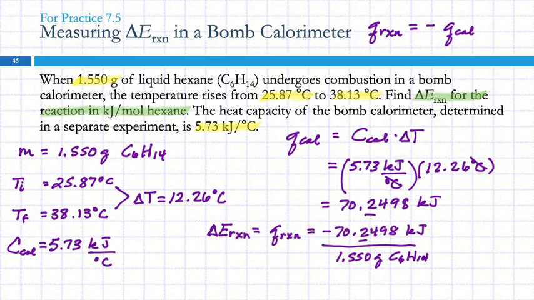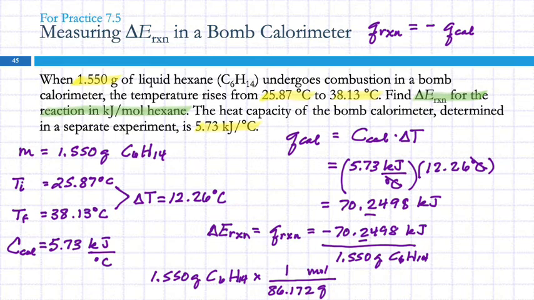Sure we could. So 1.550 grams of C6H14, we're going to multiply by moles and divide by grams. We have 6 times 12.01 plus 14 times 1.008, which is 86.172 grams for every mole of hexane.